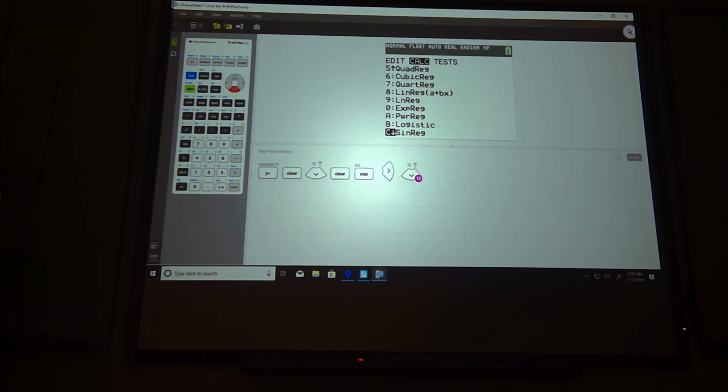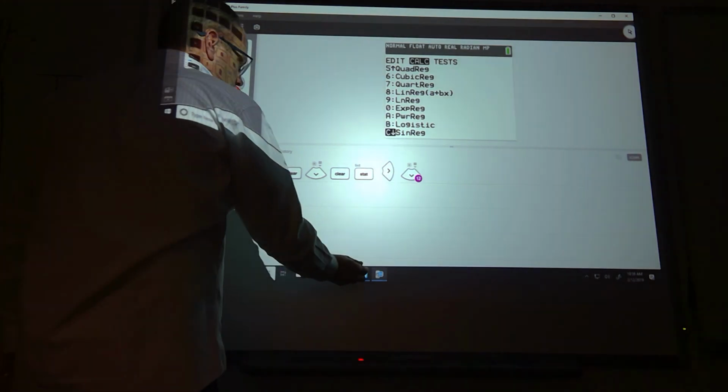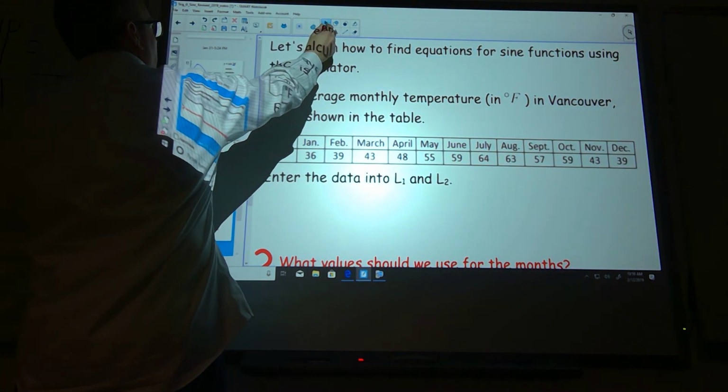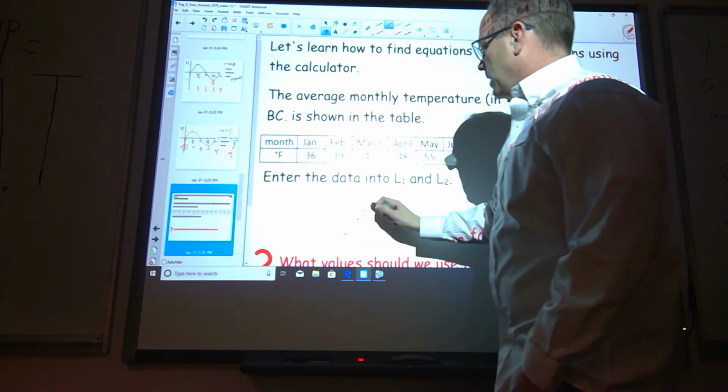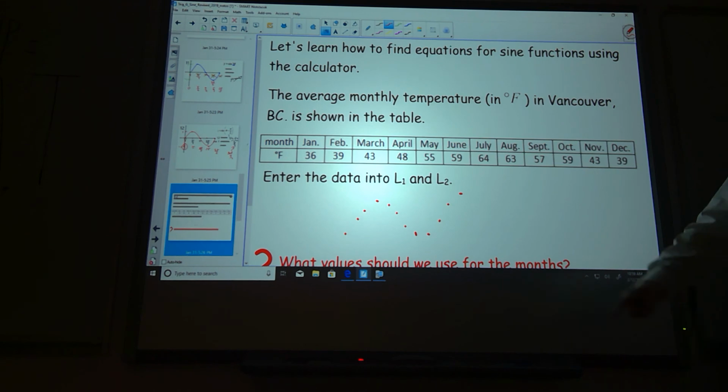Guess what a sine regression will give you? Yeah, so if you plot your dots, once you plot your dots, my friends, once you plot your dots, you put them in there, go on your stat plot.